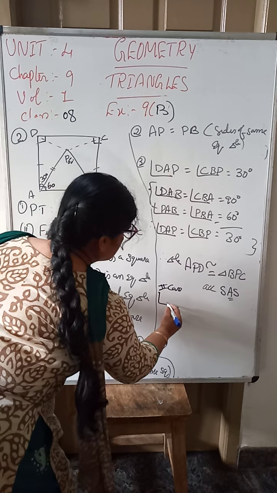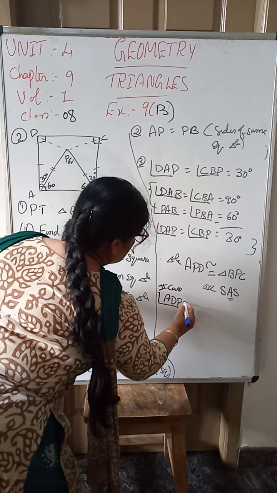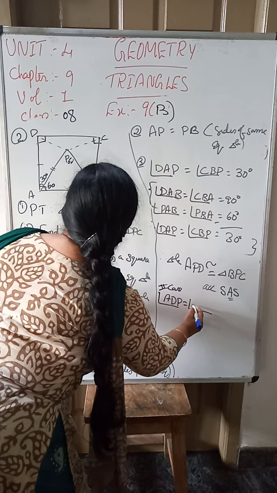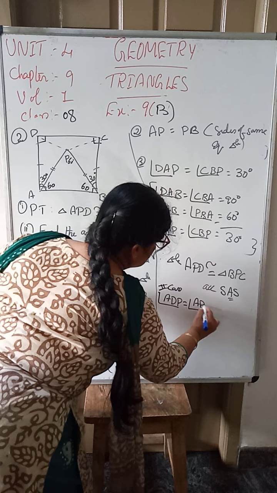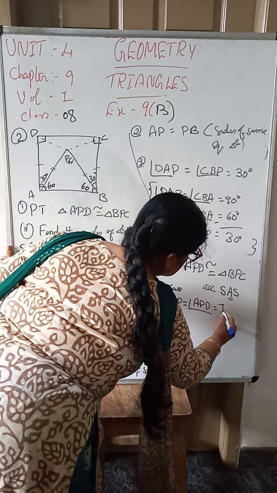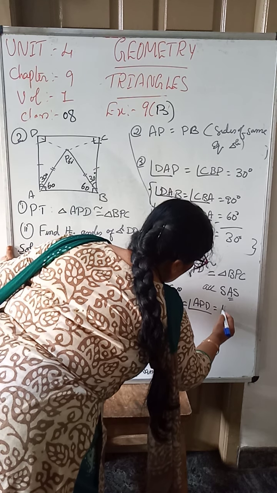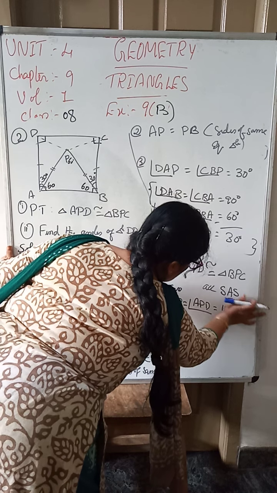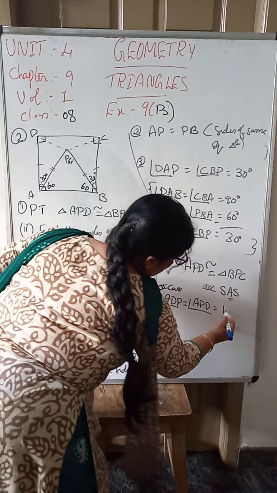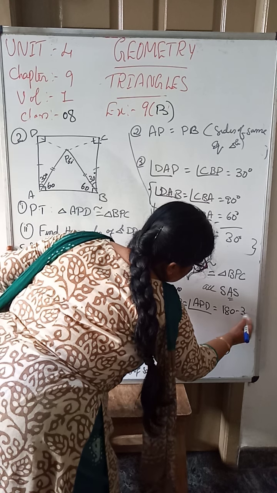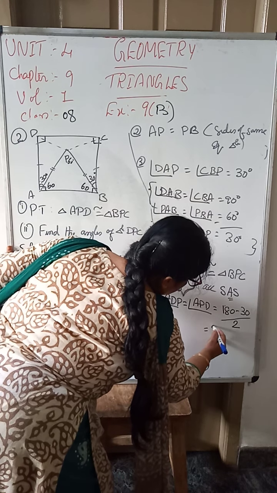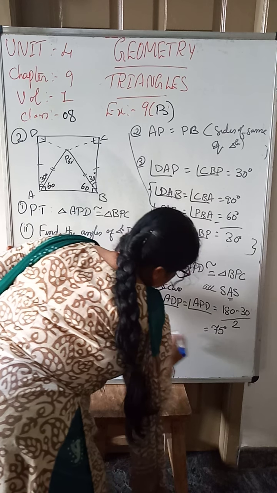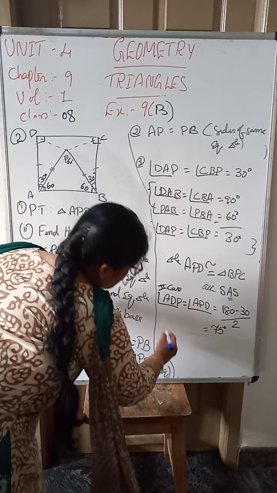Angle ADP is equal to angle APD is equal to 180 minus 30 divided by 2. That is nothing but 75 degree. I will explain you.